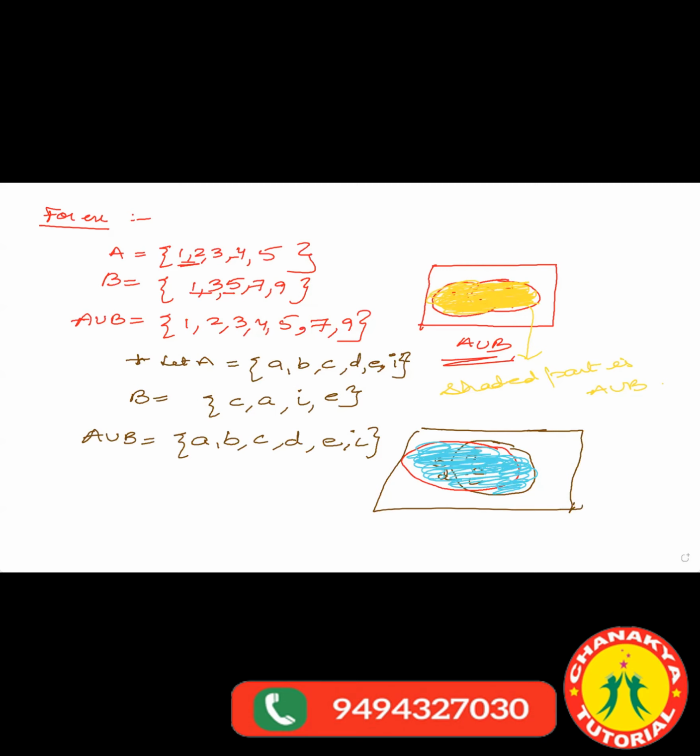Now next is intersection. Sign of union was U, and for intersection, it will be inverted U. Clear, beta? So intersection basically, what do you mean by the intersection? Set containing all the elements which belong to both A and B. Or you can remember it like the HCF, or you can say common elements.